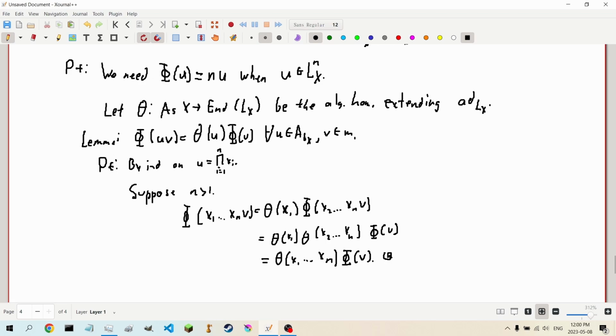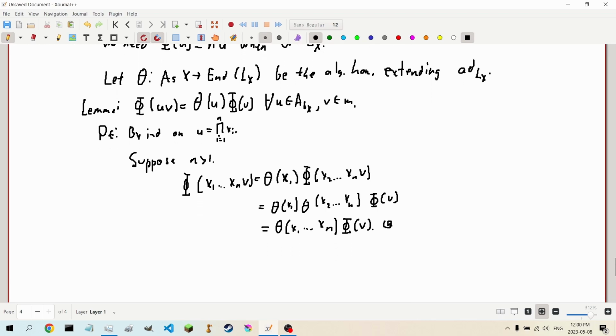Back to our proof. We now show capital phi of u is nu for u in ln of x by induction on n.